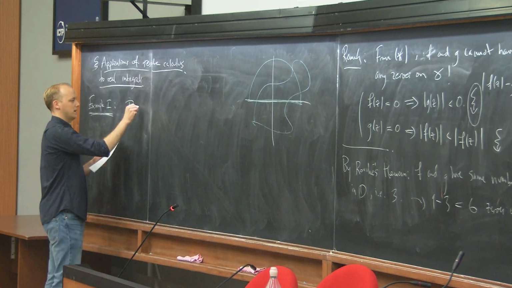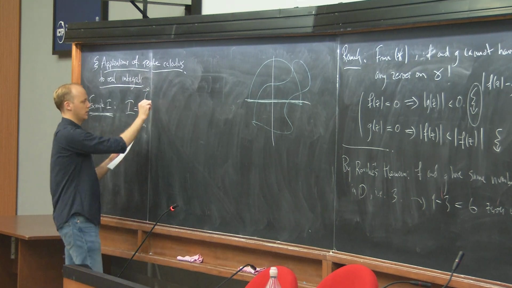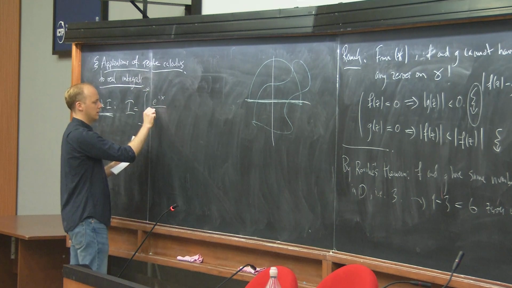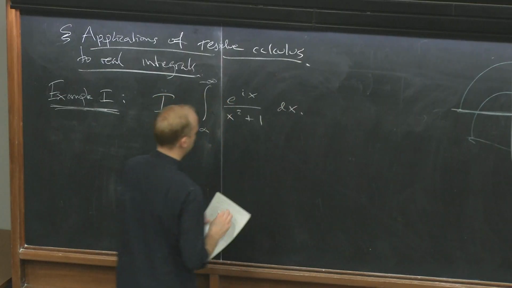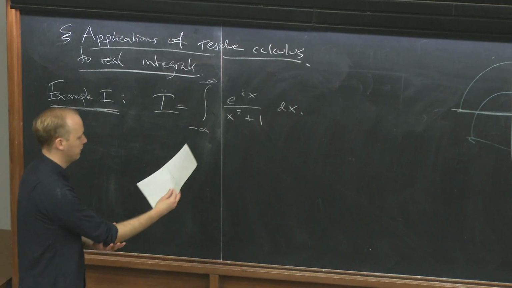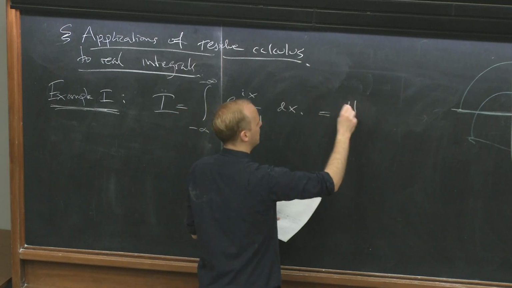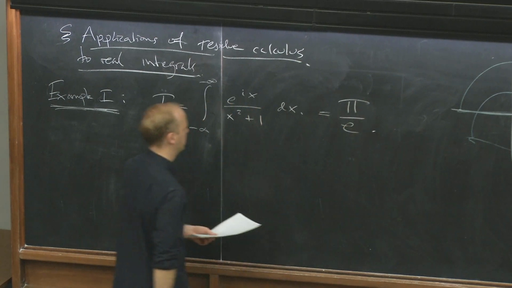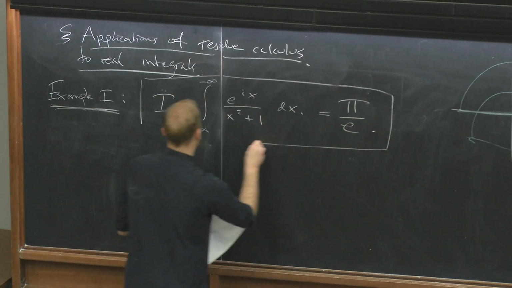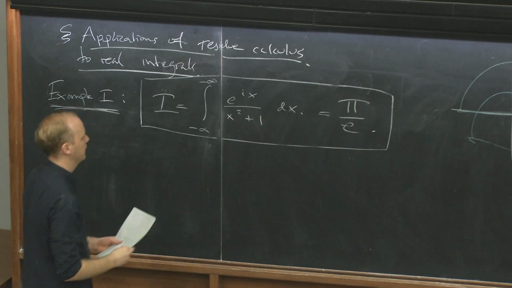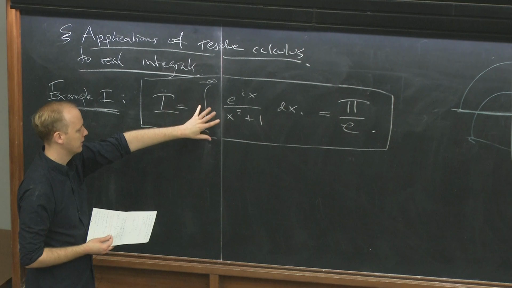So the example that I want to consider, to make this concrete, is the following integral. I think I wrote this down as an example earlier. We want to show that this integral is equal to pi divided by e. And I don't know if you recall, I think I made this remark earlier, but it's an integral that arises in probability theory and so on.